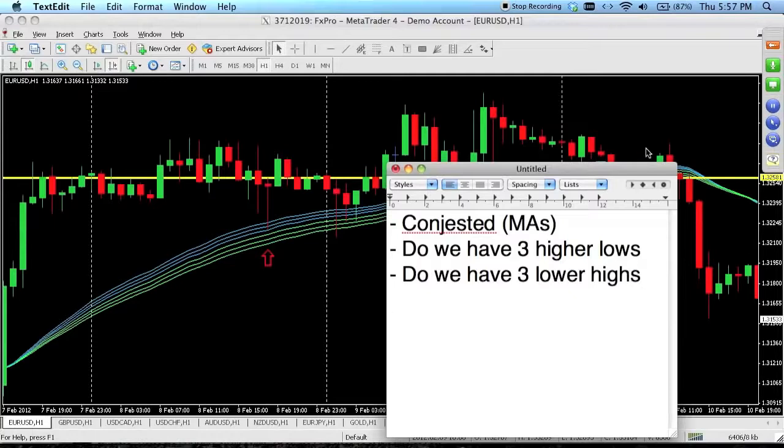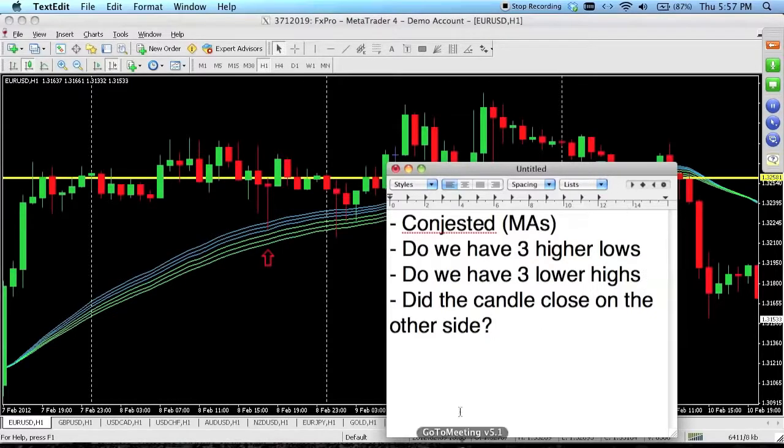This can be a little confusing, but I'll explain it. And finally, did the candle close on the other side? These are the things you want to look at first. If any of these are incorrect, the trade is voided.